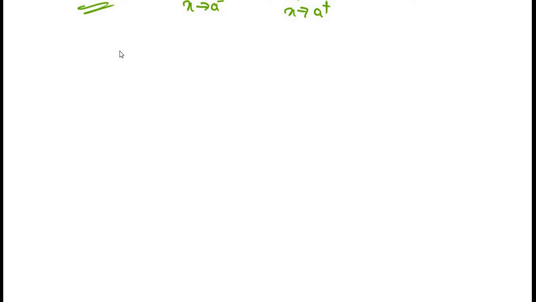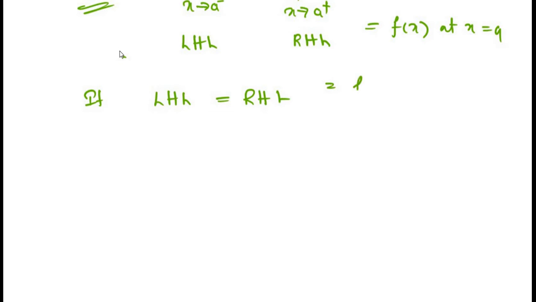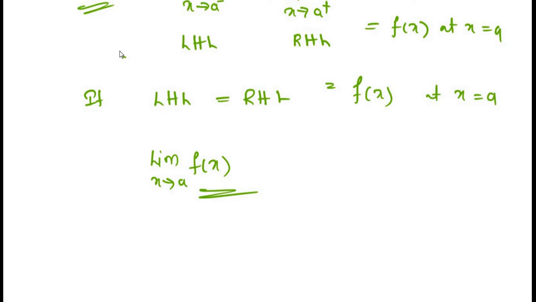So whenever a limit exists, if this is LHL, left hand limit, and this is RHL, right hand limit, and if LHL is equal to RHL, and it is equal to f of x at x equal to a, then we can denote it as limit x tends to a f of x.